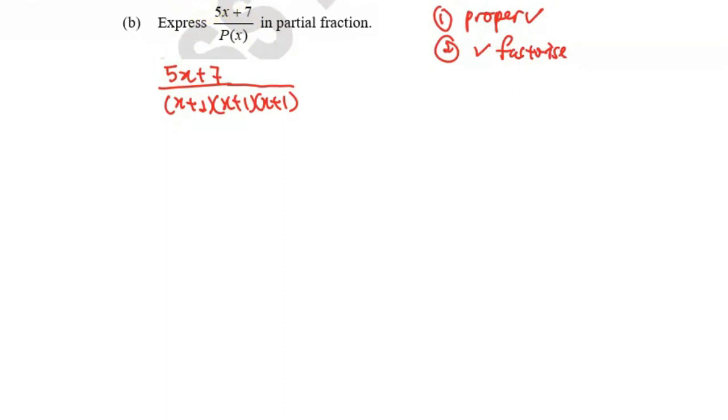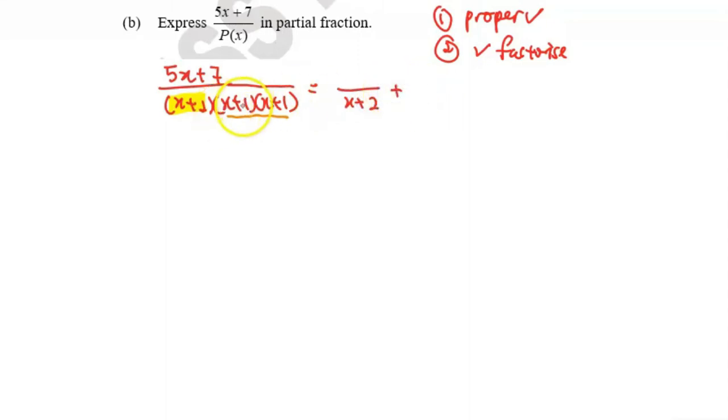Then third step, we are going to split our factors. According to the case here, we have a linear factor and a repeating factor. So when you want to split our factors, the linear one will be maintained as x plus 2.